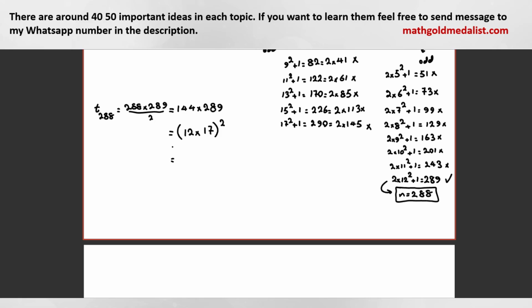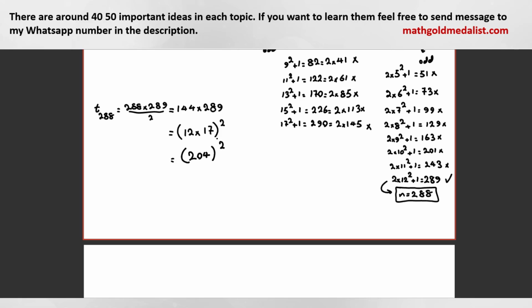Actually, I think I erased it, but let me do it quickly. Okay, sure. 204. It's 12 times 17 squared, what is it? 12 times 17 is 204.